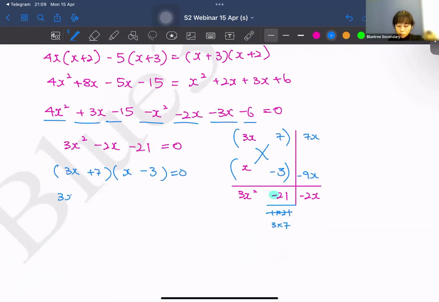To solve for x, equate each factor to 0. Remember, if your fraction is a standalone fraction without any algebra, please leave your answer in mixed numbers.